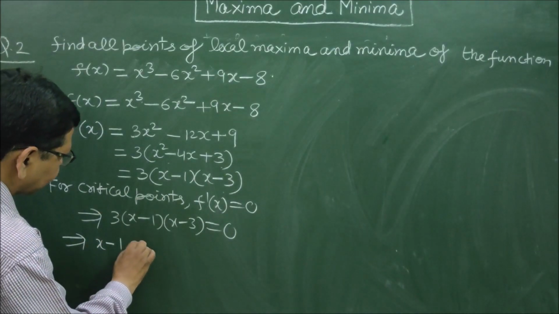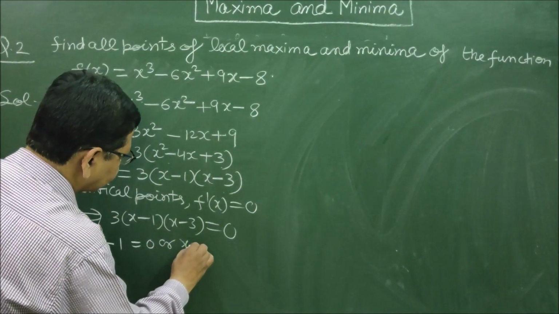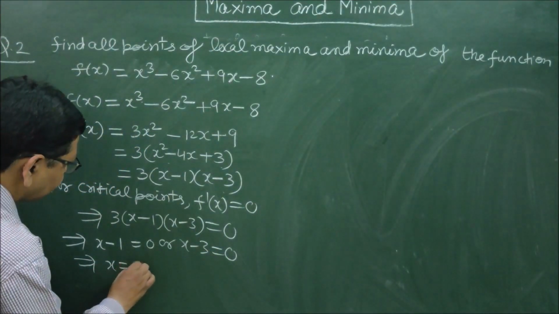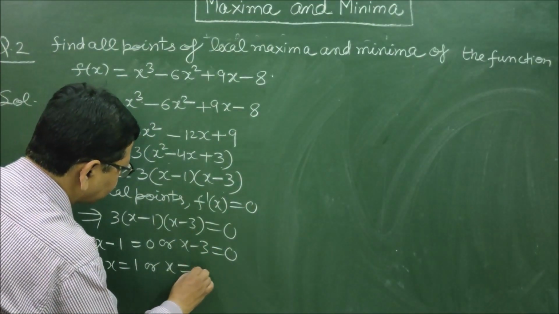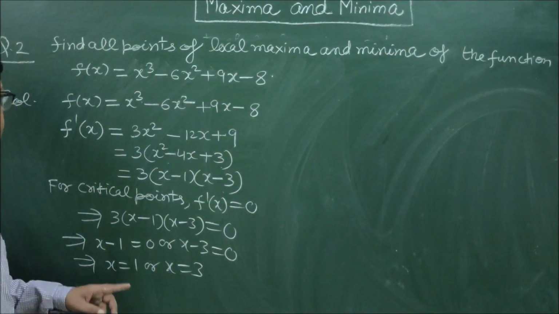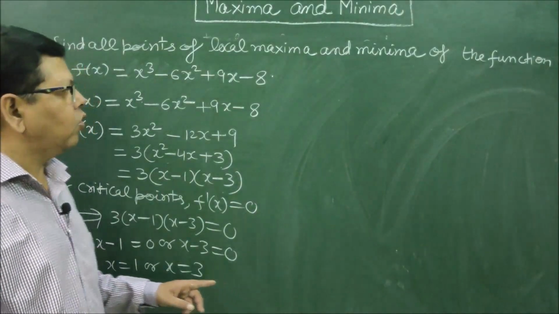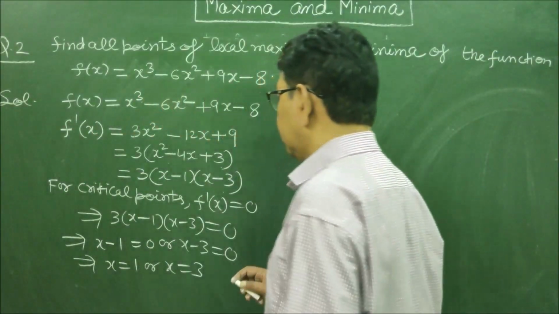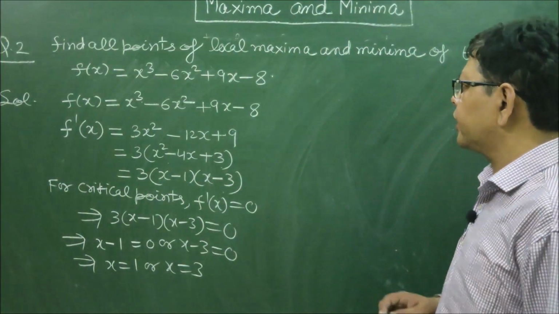This gives either x minus 1 equal to 0 or x minus 3 equal to 0. x is equal to 1 or x is equal to 3. So there are 2 points at which we will test the function for local maxima or minima. So first I am solving it by using the first derivative test.